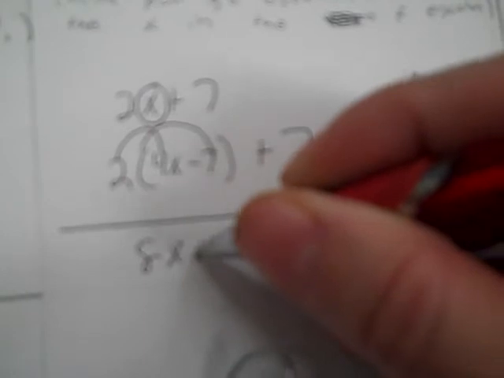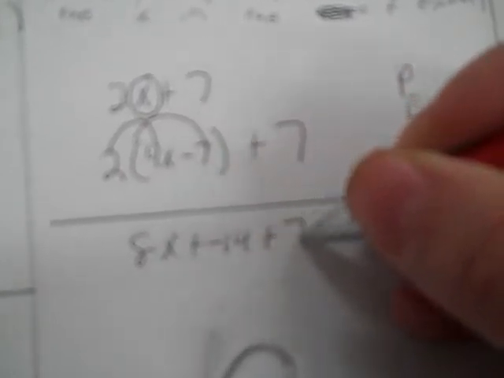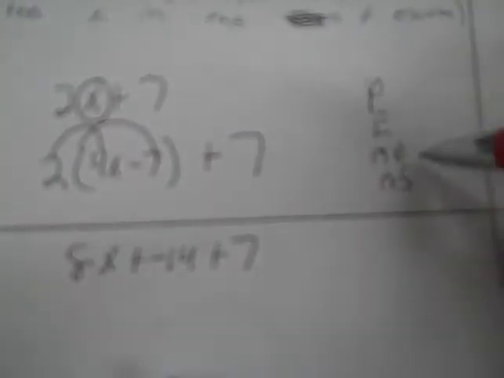Okay, now after you've done the input, you need to simplify using PEMDAS. Parentheses, I have it, but I can't put those together. Exponents, no. Multiplication, yeah, I got to take 2 times these. So 8x plus negative 14 plus 7. Division, no. Addition, you bet.